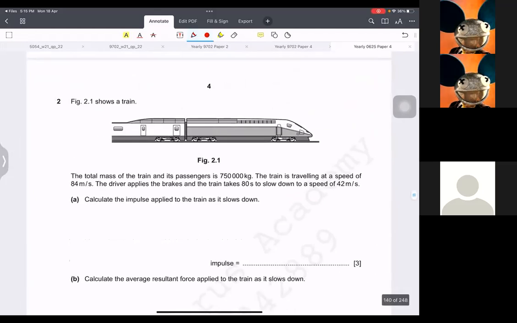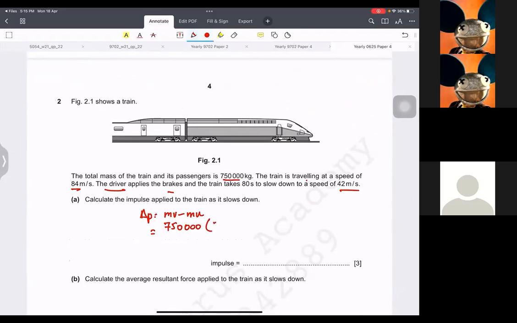Okay, then going forward, the total mass of the train and passengers is this. The train is traveling at a speed of this. The driver applies brakes and the train stops in 80 seconds. Calculate the impulse. So impulse is change in momentum, mv minus mv. Mass is 750,000.